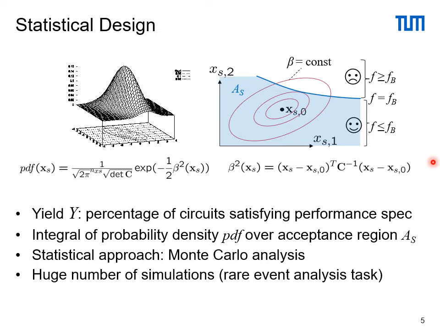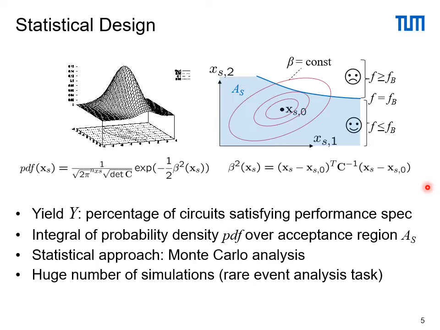Statistical design is about considering beyond the nominal behavior that your circuit is suffering from variation from the manufacturing process, from the operation with voltage and temperature variation, and from process-induced mismatch among different devices.